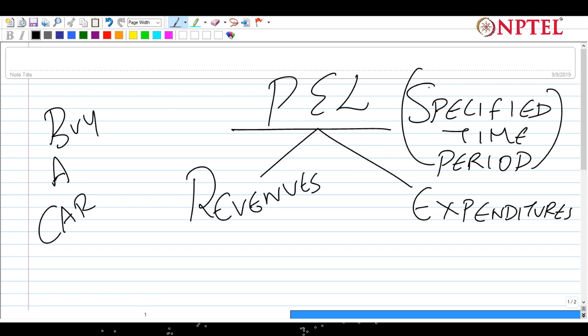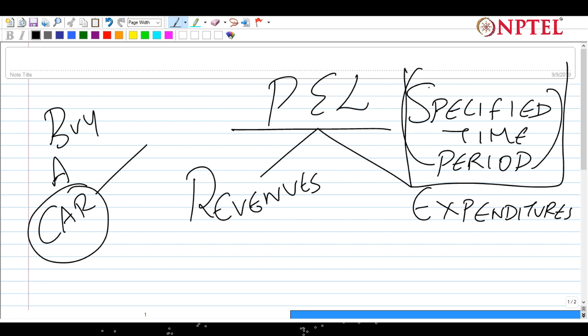Please understand, when you buy a car, the use of the car is going to be beyond the specified time period you have indicated.